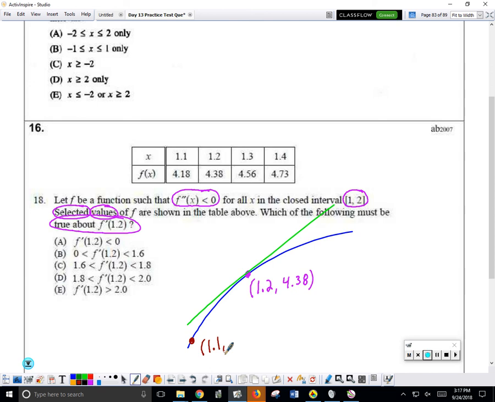Before you write anything down though, make sense of it first, then make a flashcard, because the flashcard won't help if you can't make sense of the idea. The idea is that when they're asking about a tangent slope, and all you have is a table, the best you're going to be able to do is find some secants that are related, because you can't find a tangent from a table. So if they ask for a tangent slope and it's a table, you know right away you've got to find some secants. Just like we did on that other problem.